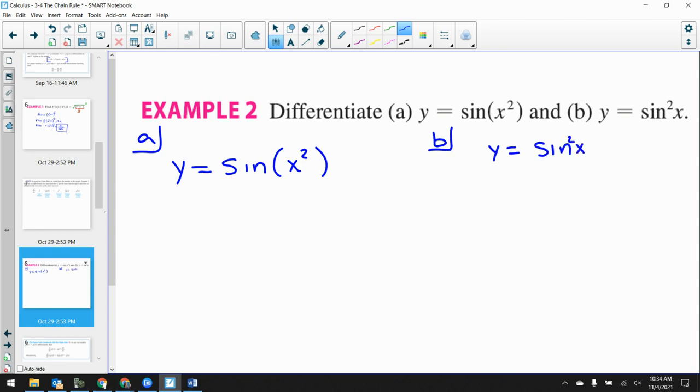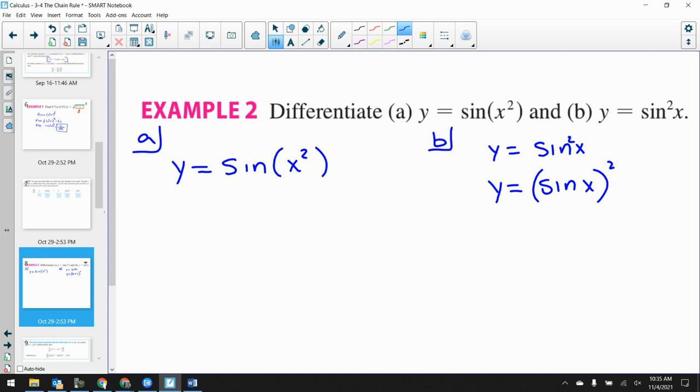Now notice the difference here. Remember that we could rewrite B to say y equals (sine x) quantity squared, right? That's what that means. The difference is that in A, the squared goes on the x, and in B, the squared goes over the entire thing.